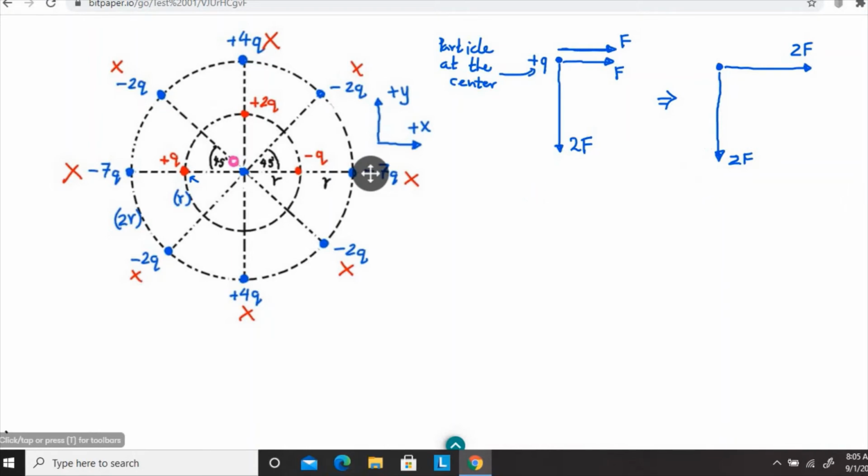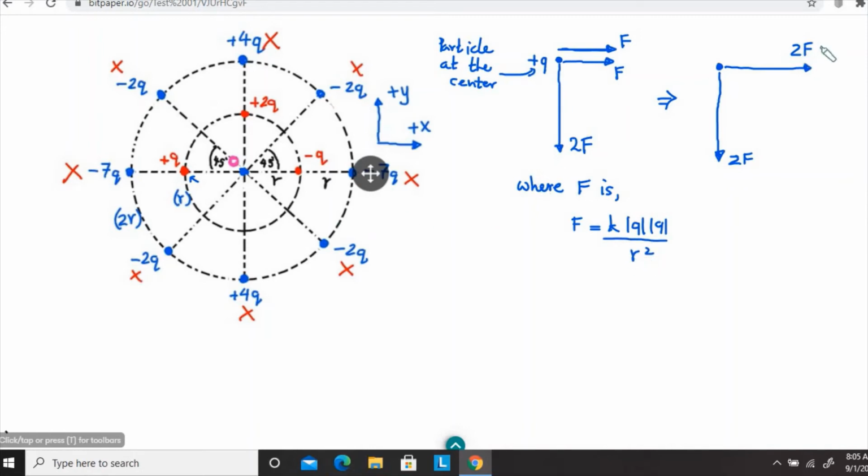where F can be obtained. It's a magnitude of a force, it can be obtained using Coulomb's law, and we can see that F is K, magnitude of Q over R squared, right?